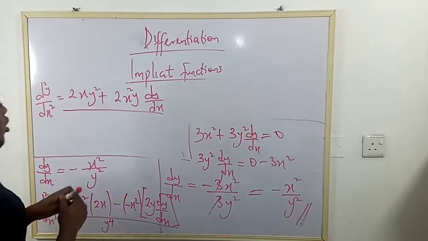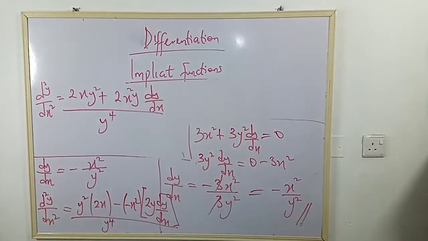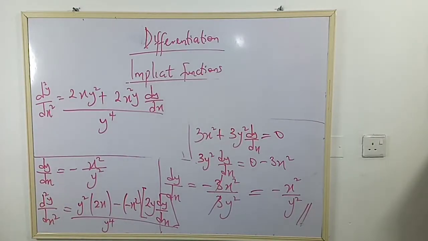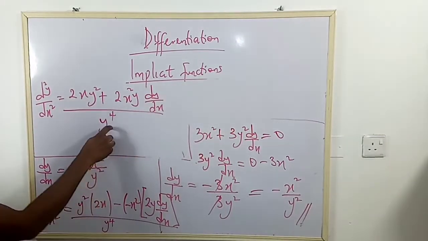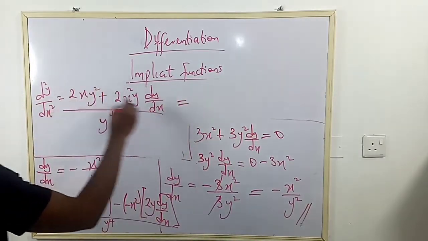Okay. So what we want to find is d²y/dx², which is all this over y raised to power 4. But from what we have here, you can see that y is common to the numerator, right? So y is common.